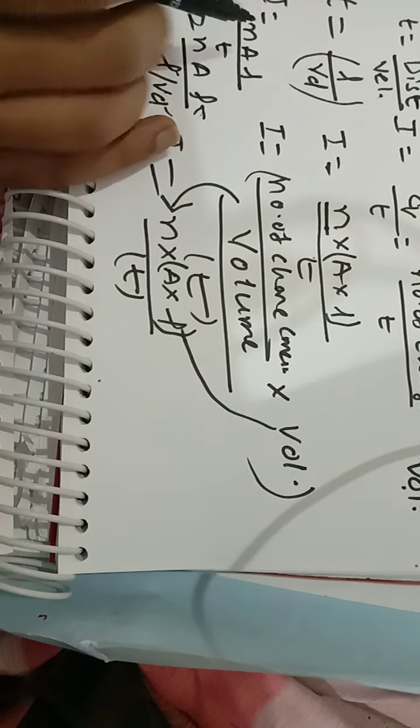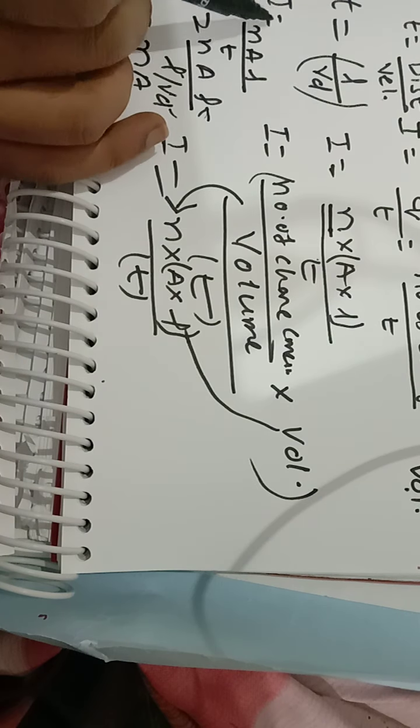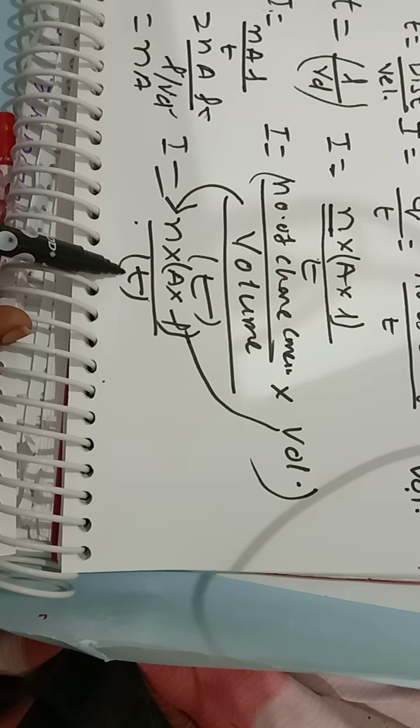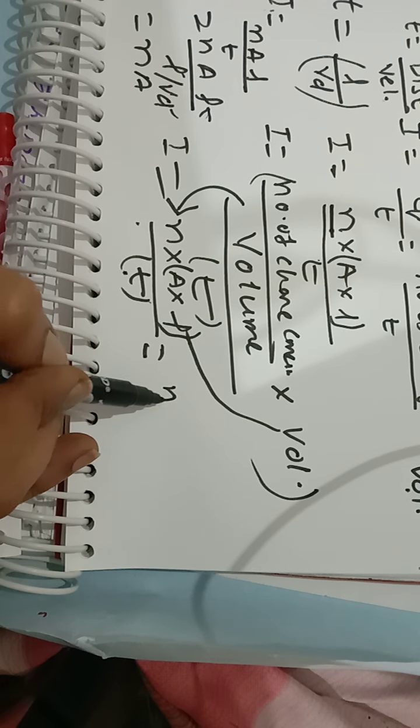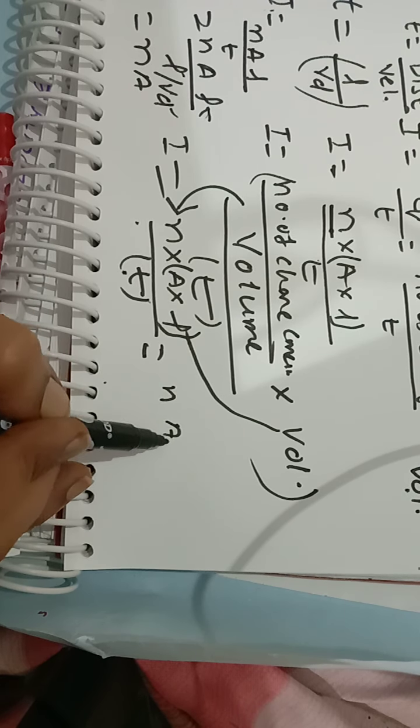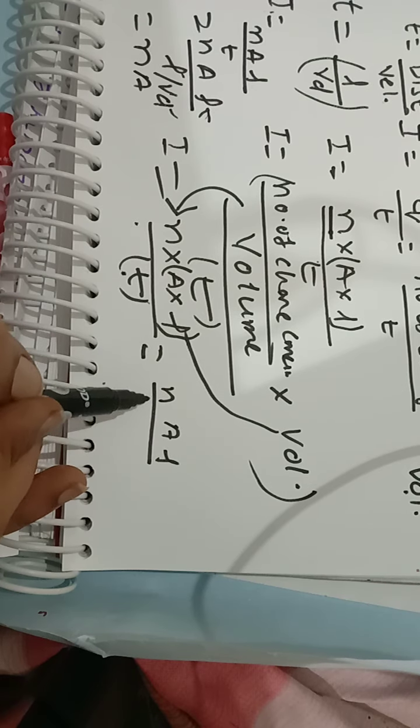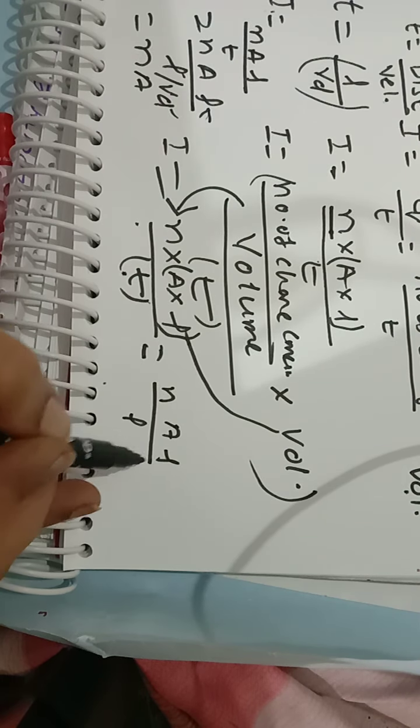I'm explaining once again. I was NAL by T, which means N into A into L by T. T is L by Vd, so write L by Vd.